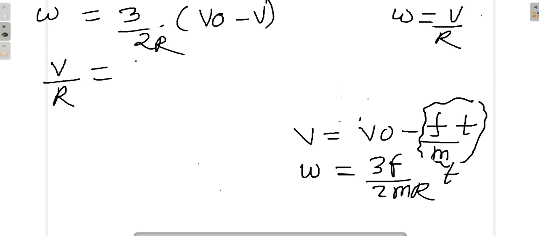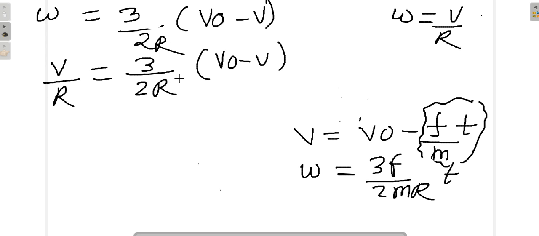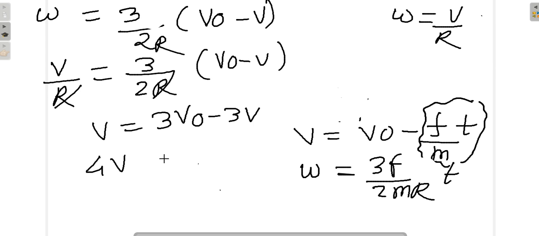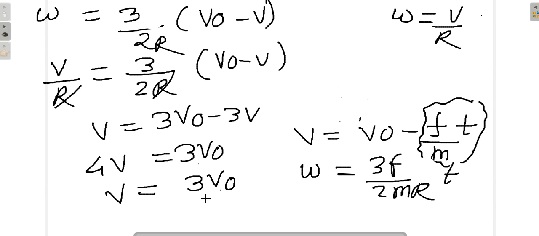So v upon r, and that gives you the velocity as 3/4 times v naught.